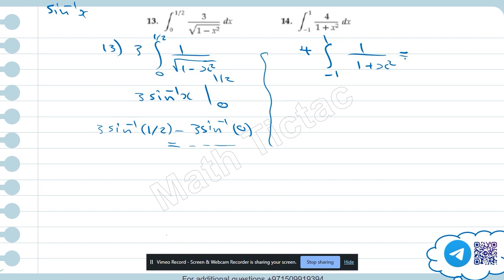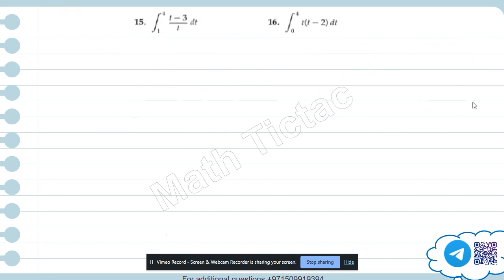So the answer in here is equal to 4 tan inverse of x from minus 1 to 1. So 4 tan inverse of 1 minus 4 tan inverse of minus 1. Then just find the final answer.